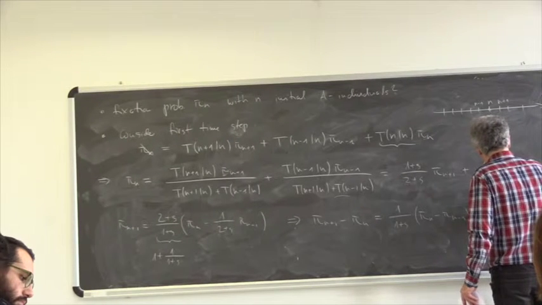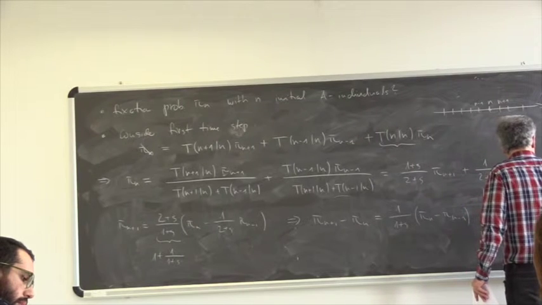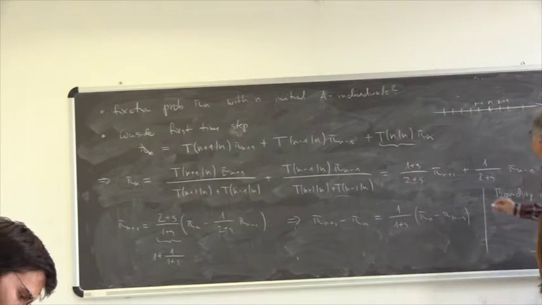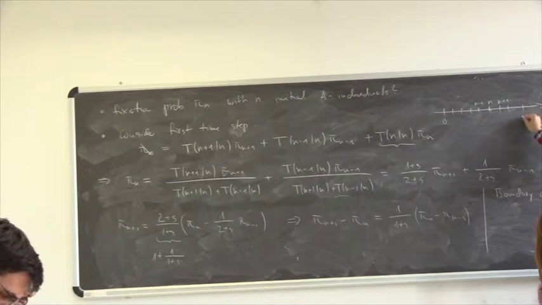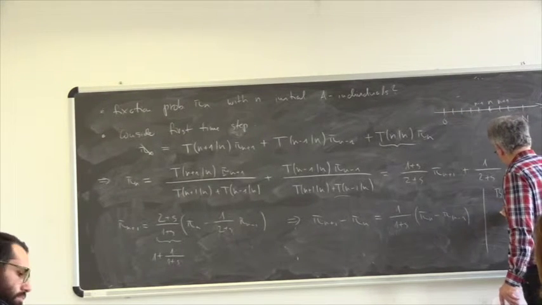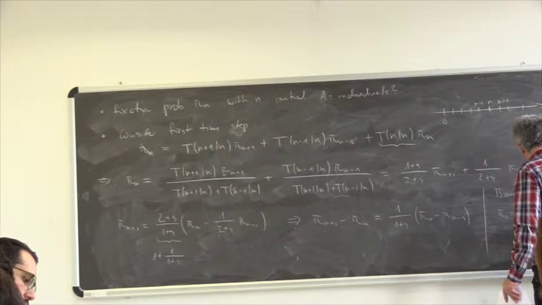And the boundary conditions clearly are that if I start at 0, then the fixation probability is 0, and if I start at N, the fixation probability is 1. So pi 0 is equal to 0, and pi N is equal to 1.